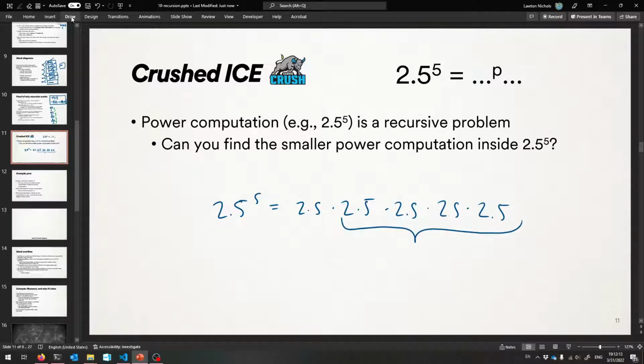Here's the next smaller one. It's 2.5 to the 4th, right? And here's 2.5 cubed. Do you see how a power computation is hidden inside of a power computation? And then there's 2.5 squared, 2.5 to the 1. Those all exist. Usually we care about the next smaller one, though. Okay? So that will give us a recursive rule.